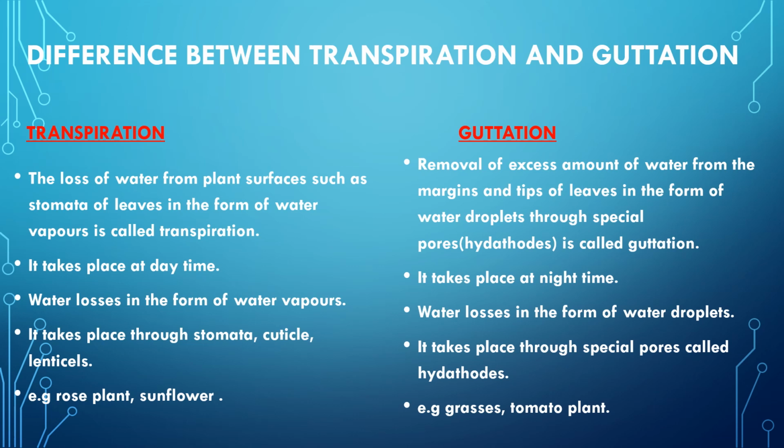Water is lost in the form of water vapors in transpiration, while in guttation it is lost in the form of water droplets. Transpiration takes place through the stomata, cuticle and lenticels, while guttation takes place through the special pores called hydathodes. Examples of transpiring plants are rose and sunflower, while guttation can be observed in grasses and the tomato plant.